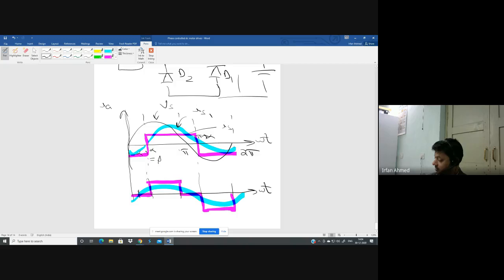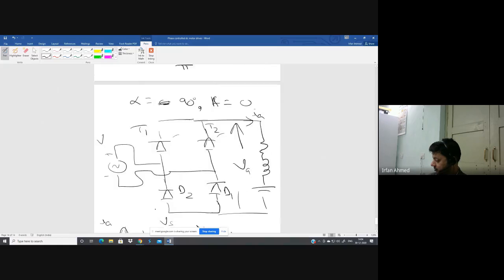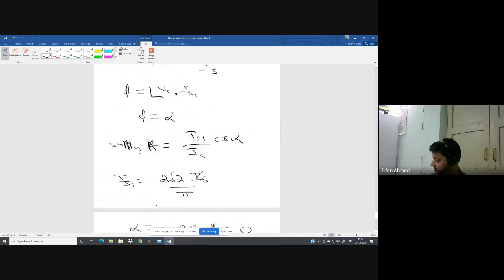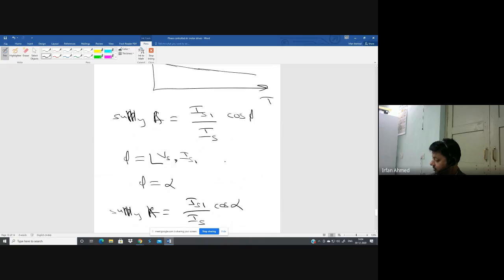It starts from this angle. And what is this angle? This angle is alpha by 2. So your power factor for the half converter becomes IS1 by IS cos alpha by 2.